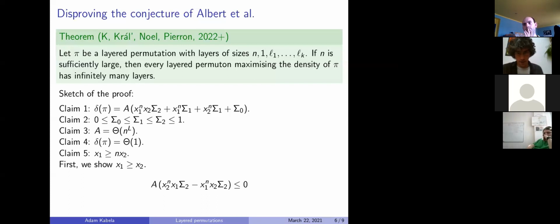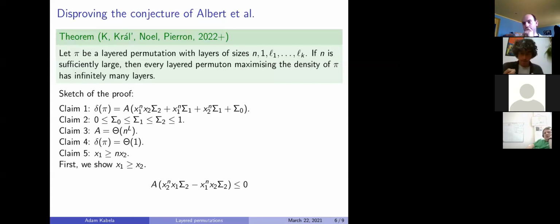And this is written formally at the left-hand side of the inequality. This is the difference in the densities. First term is after swapping, second is before swapping.